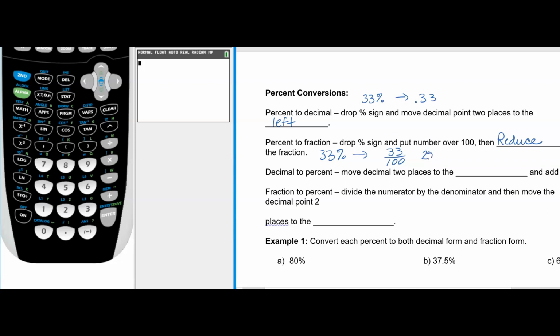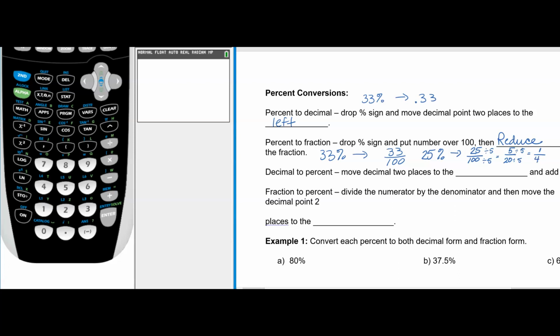Let's say we had 25%. We would drop the percent sign, 25, and put it over 100, and then we could reduce it by dividing both of these by 5. So 25 divided by 5 is 5, and 100 divided by 5 is 20. You could also divide those by 5 again. And 5 divided by 5 is 1.